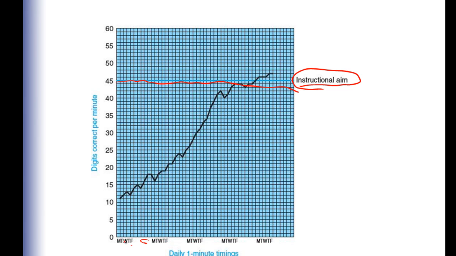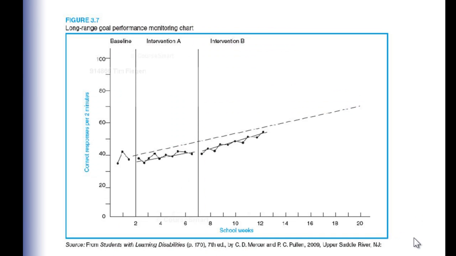If you're not using these days, what I used to do is number these by dates in the calendar or days of instruction. But each day there is a data point every time you do this assessment, a data point of how many correct they got. Digits correct per minute. So 1-minute timing, and you walk up like this, and you just keep going. And this easily can be done with a spreadsheet.